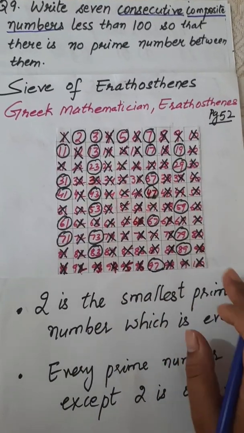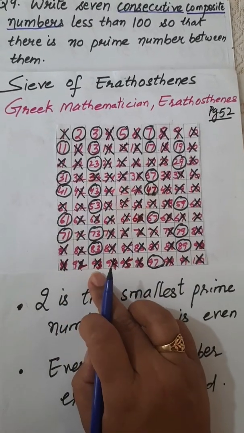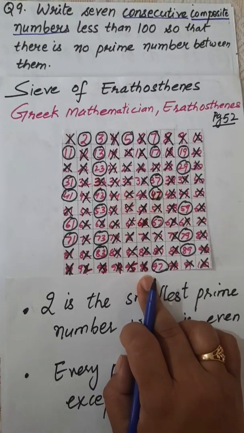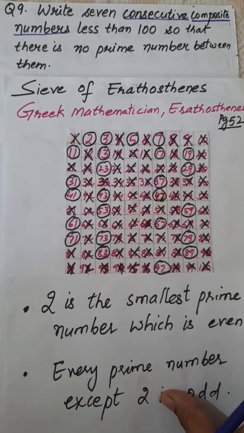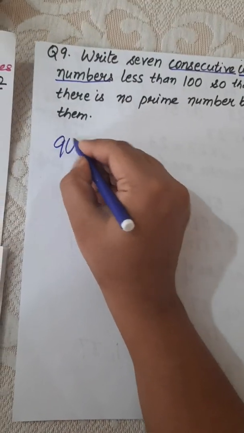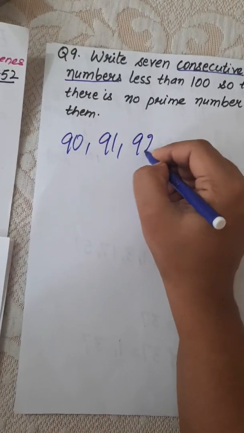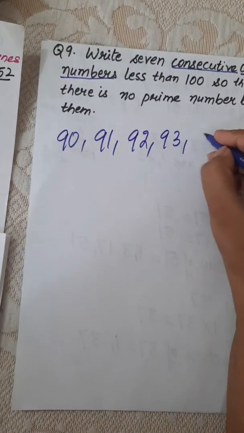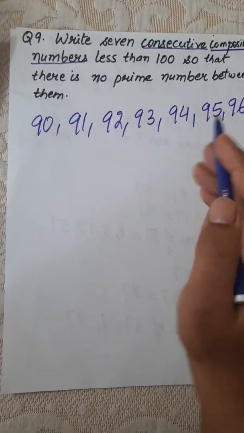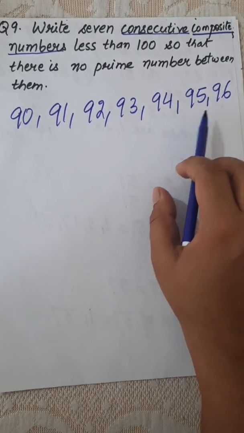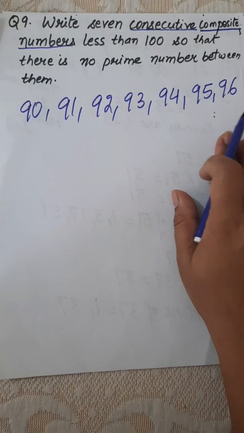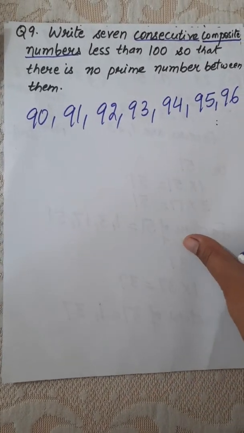So my answer is 90, 91, 92, 93, 94, 95, 96. They are 7 consecutive composite numbers less than 100, and there is no prime number between them.